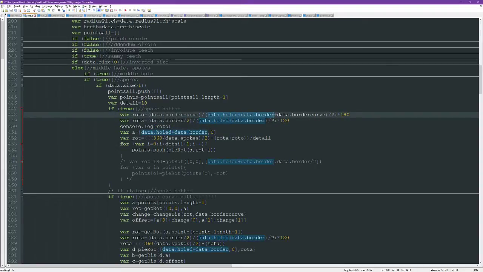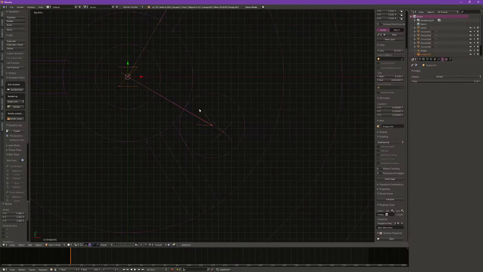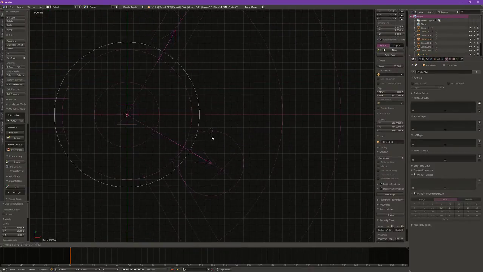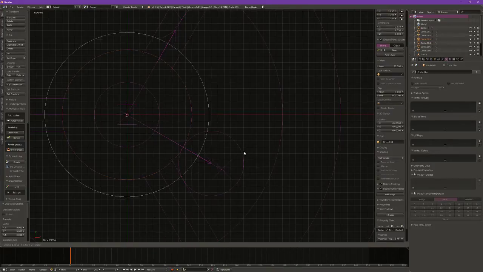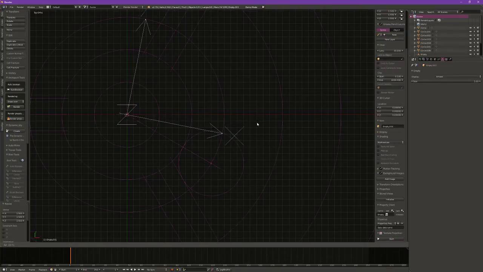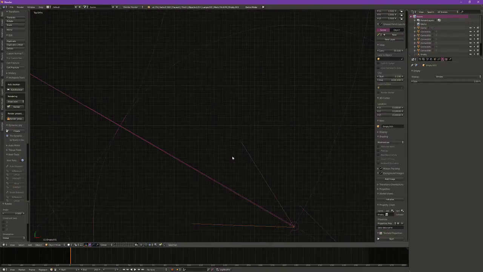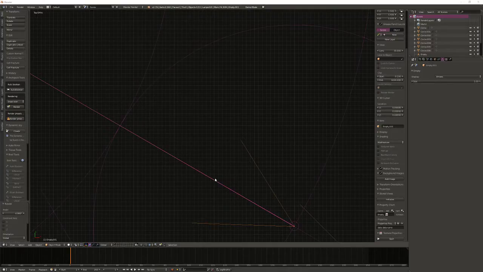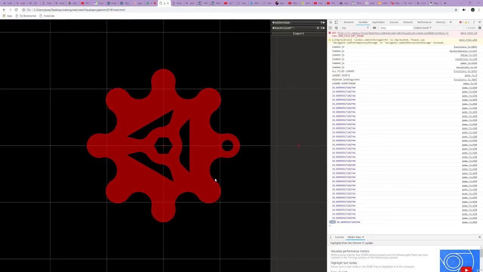So hold distance out, border distance out, border curve out. So that'd be from there to there, I guess? I don't know, where are you? So that one says 19.